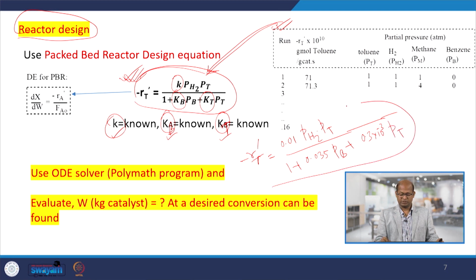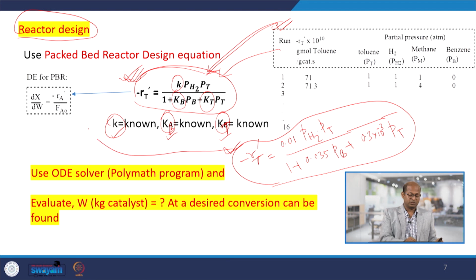This is the rate equation we get after fitting the experimental data using nonlinear regression. So now this is the rate equation for that particular reaction, and we can use it in the packed bed reactor design equations.